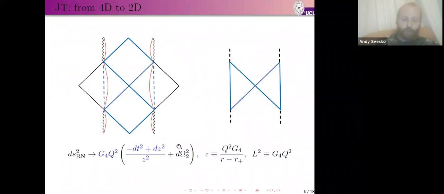We can see this pictorially if we use Penrose diagrams. Here on the left-hand side is the Penrose diagram of the near-extremal, near-horizon charged black hole. And in blue denotes the Penrose diagram for the eternal AdS2 space. If I were to zoom in on that, this looks like a double-sided black hole.